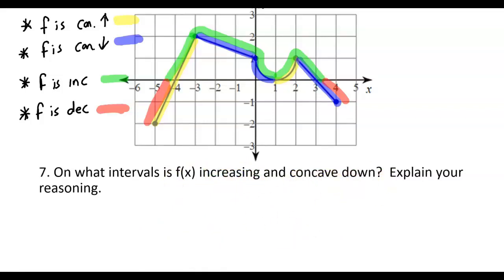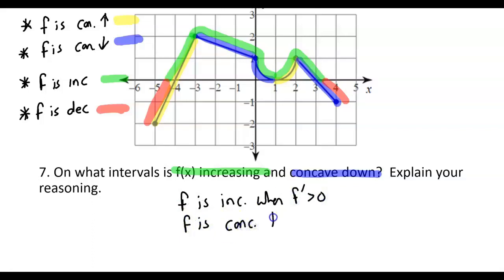Number 7. Now they want to know, when is F concave down and increasing? So concave down we decided was blue, and increasing we decided was green. So now I'm looking for anywhere there's both blue and green, right? So F is increasing when F prime is positive, and F is concave down when F double prime is negative.